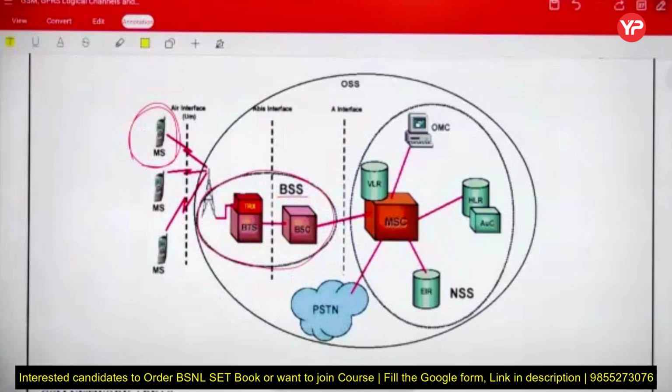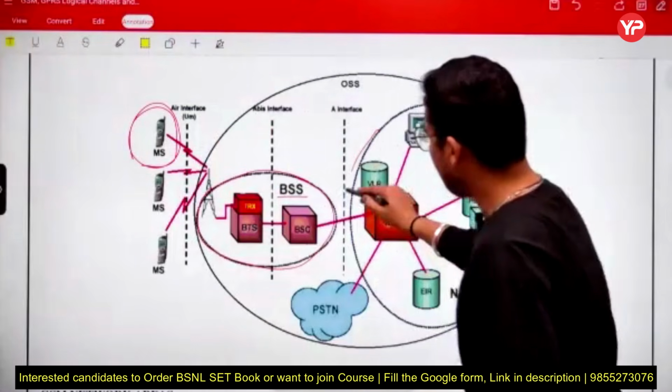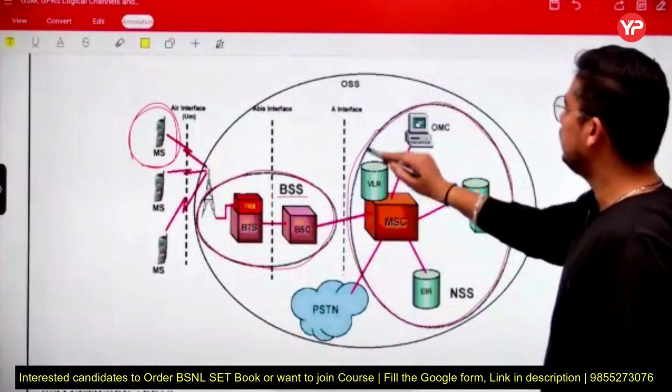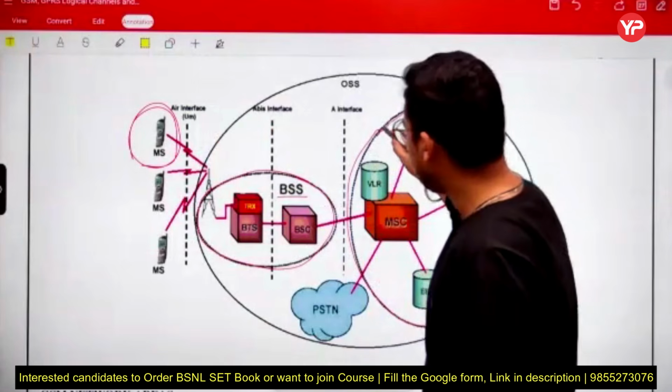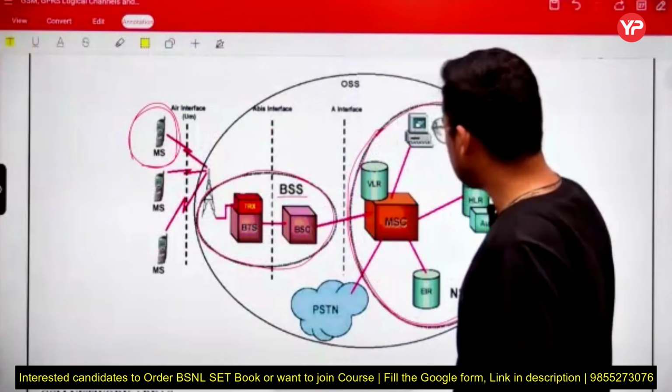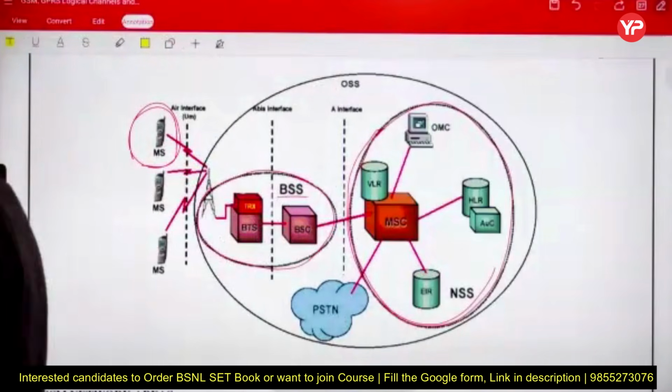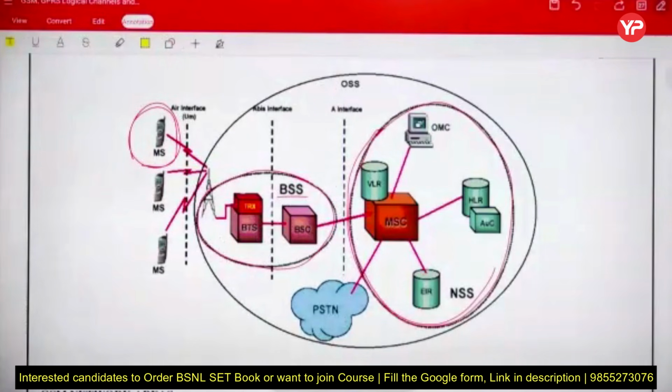After the base station subsystem, we have the NSS. This red one which I covered here, this complete structure inside, is known as NSS. NSS means network switching subsystem, right?